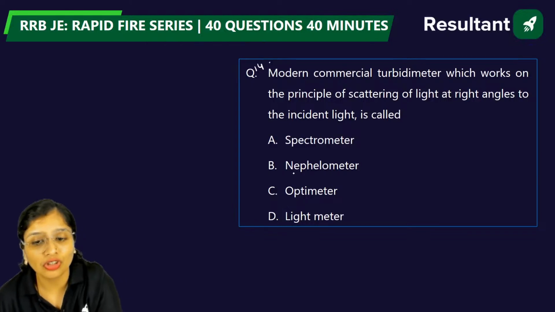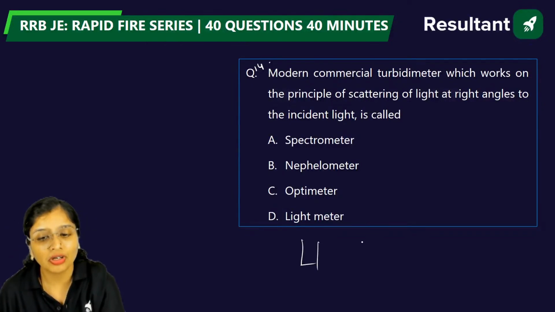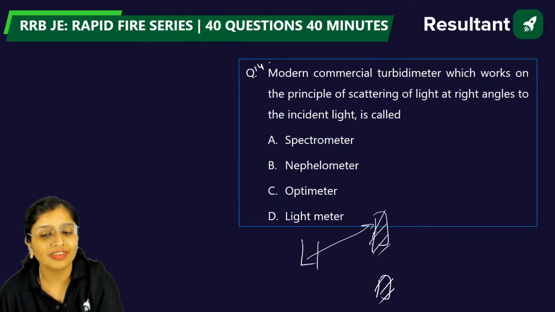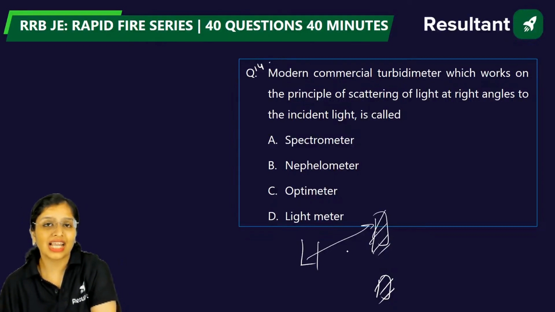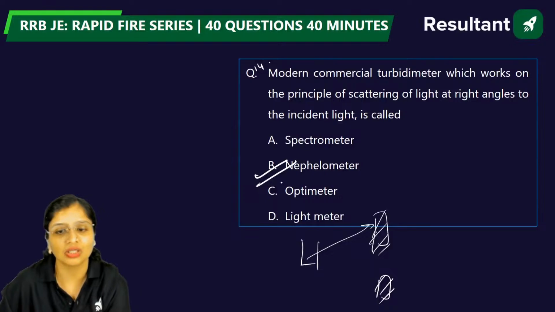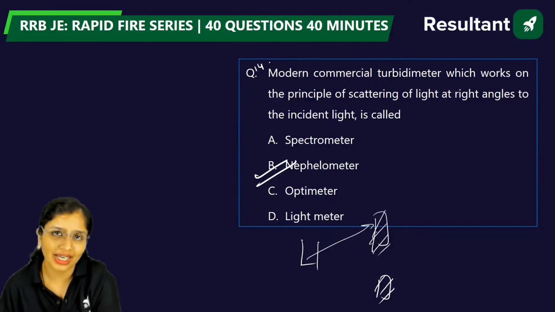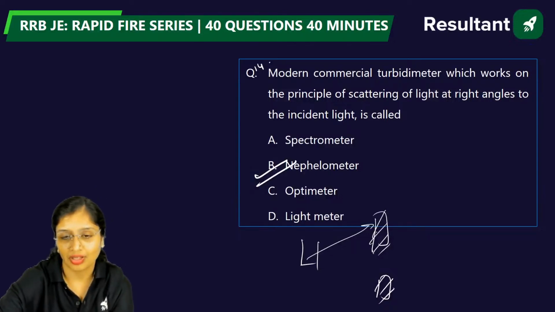But nephelometers are based on the scattering principle, because the photometers are placed at right angles to the sample, so they measure the light scattered at 90 degrees. So nephelometers work on the principle of scattering of light at right angles.